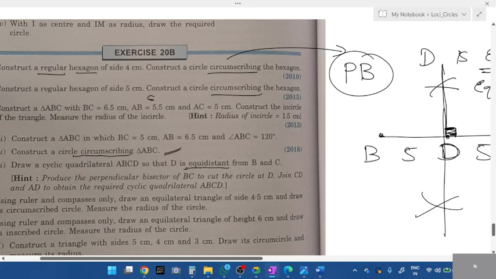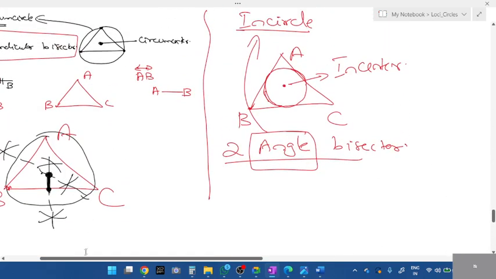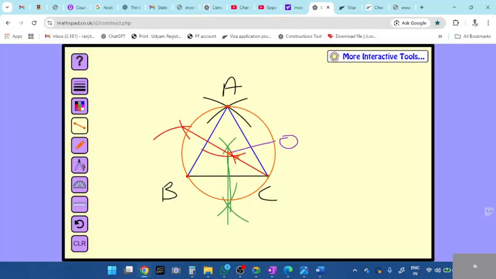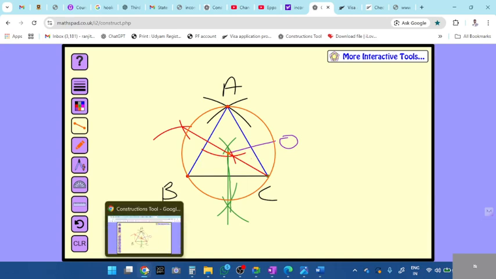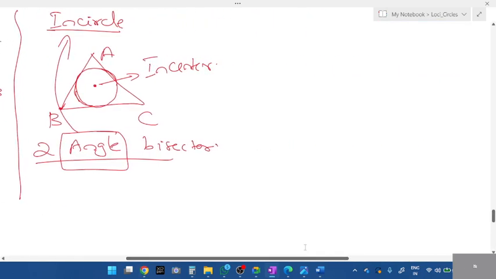Okay, now circumcircle is done, incircle, then regular hexagon. Whatever we constructed, we didn't use any angle. Sometimes they give 120, 60, whatever angles. The concept is the same. Next, incircle. For incircle, same, students, draw three sides and we need to take angle bisector.